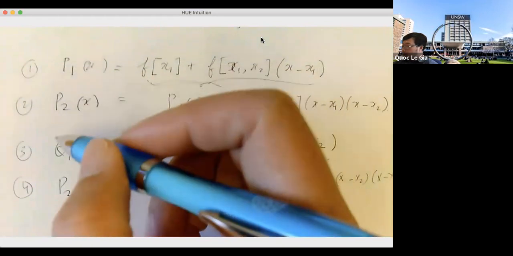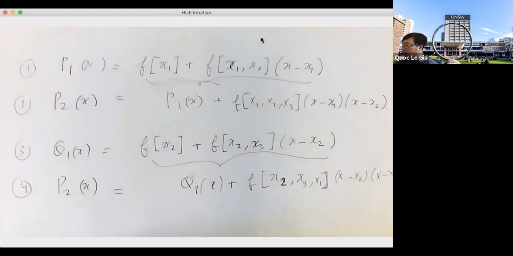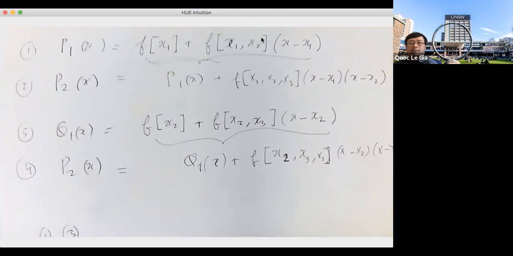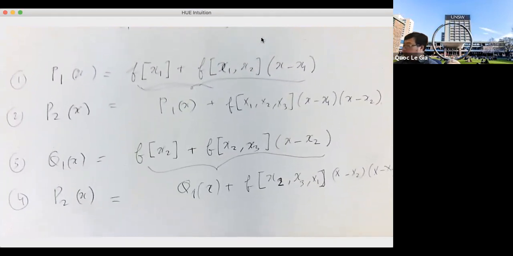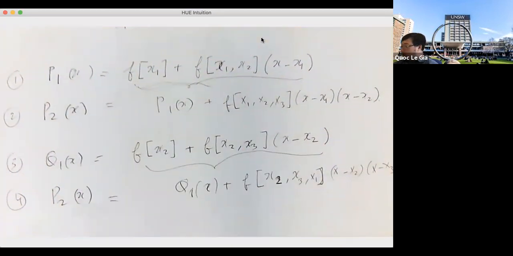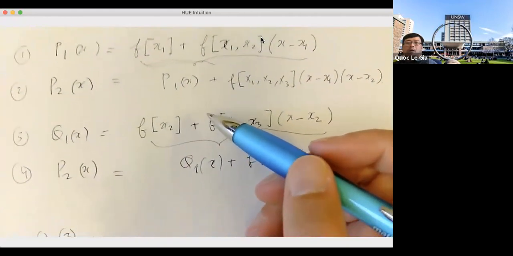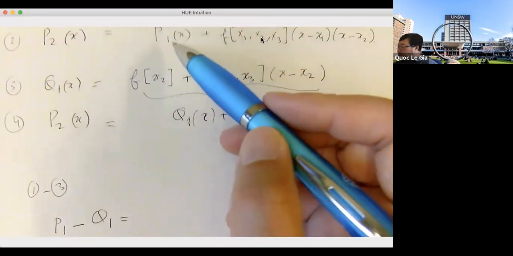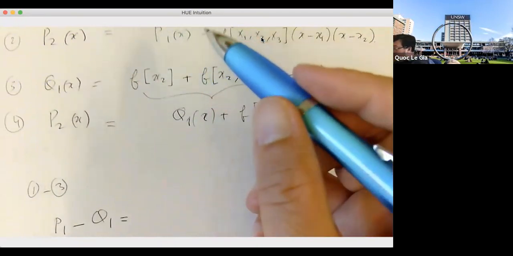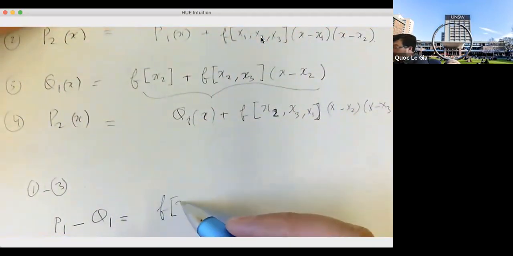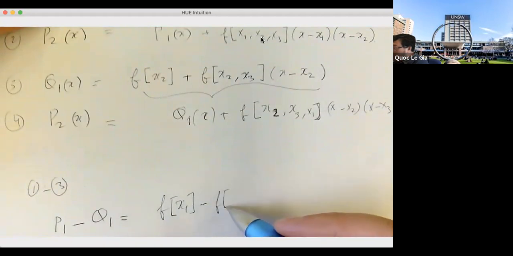So I get P1 minus Q1, and if you do the algebra correctly, then on the right you get f(x1) minus f(x2).